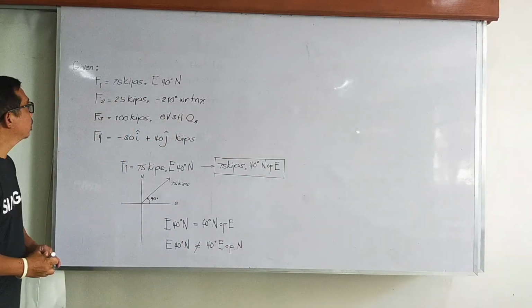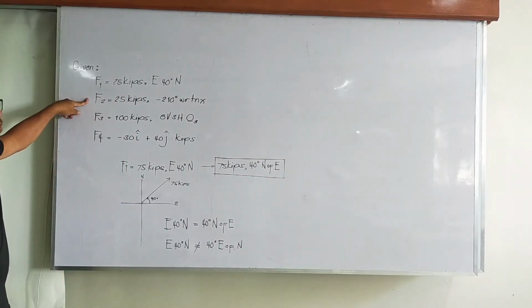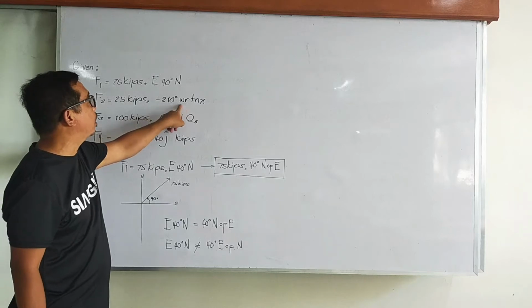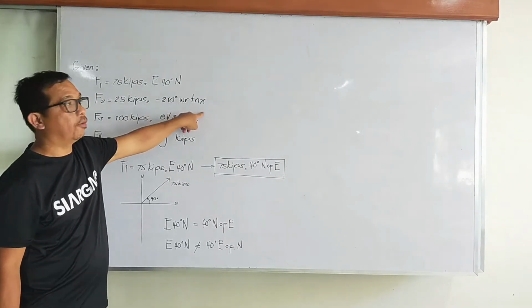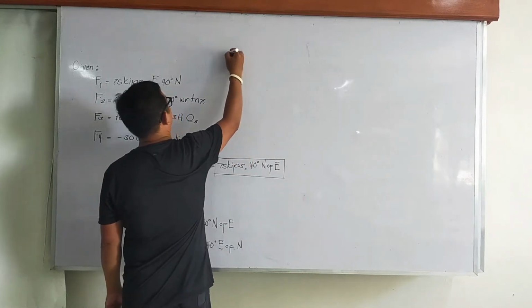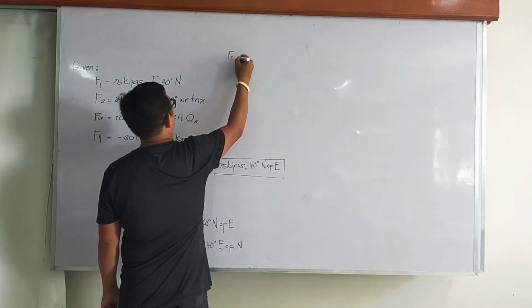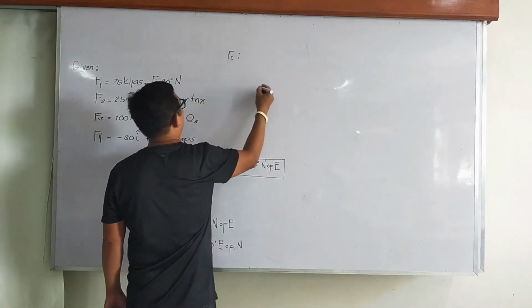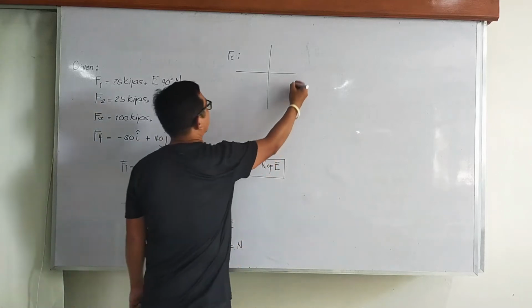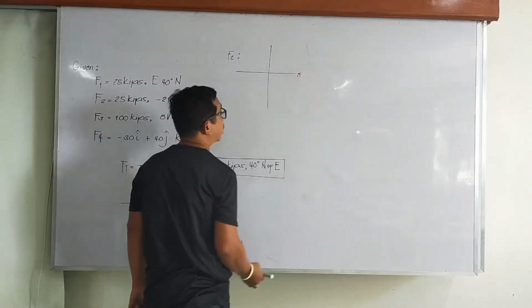Next, how about our F2? Ang given nating F2 is read as 25 kips, negative 210 degrees with respect to negative x. Naituro sa atin dati for F sub 2, naituro sa atin na ang reference term natin sa trigonometry happens to always be positive x.